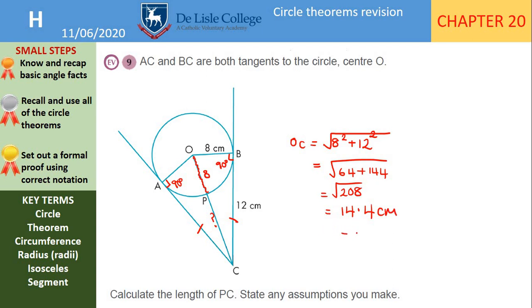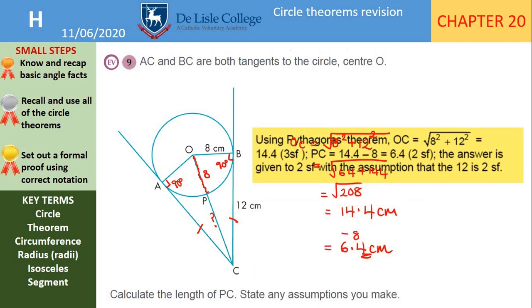And if you subtract the 8 off, we get that the length we're after was 6.4 centimetres, which is what they've got. And we're just assuming that this length here is given to two significant figures, but we were looking for this answer of 6.4 here.